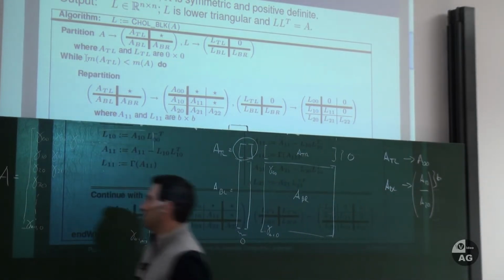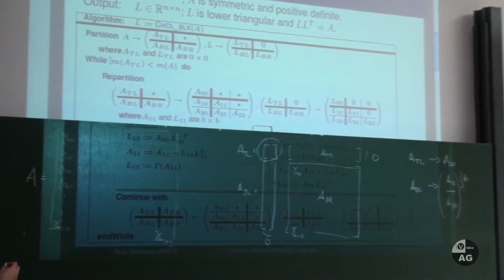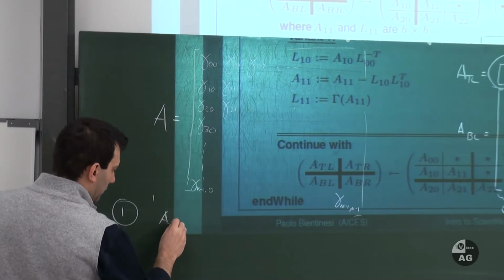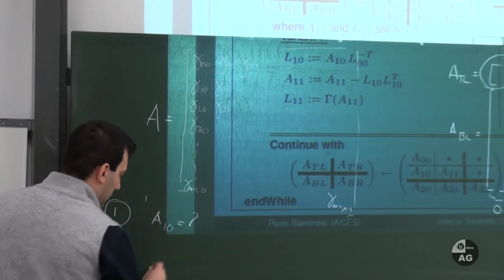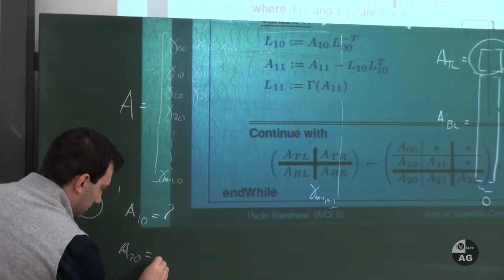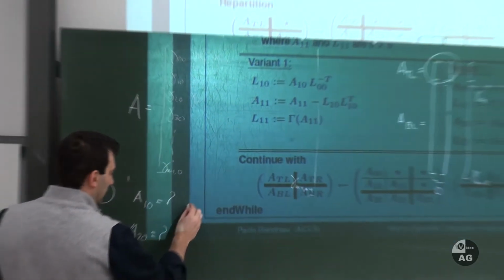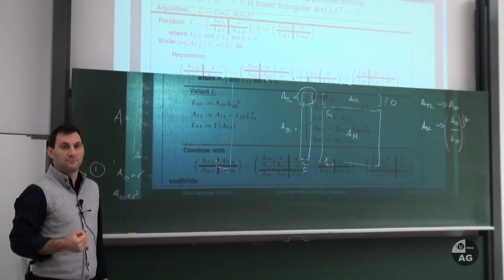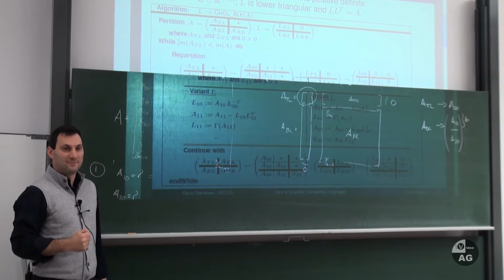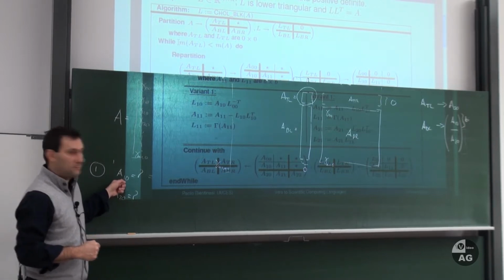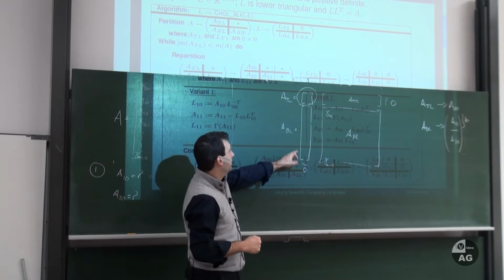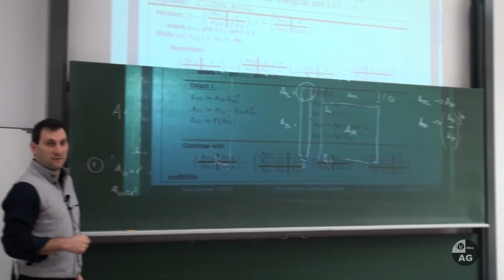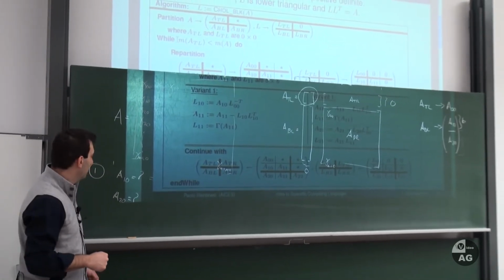If we are at the very first iteration, what is A10? What is A20? A10 comes from splitting A bottom left. So A10 at the first iteration is? What's the size of B?